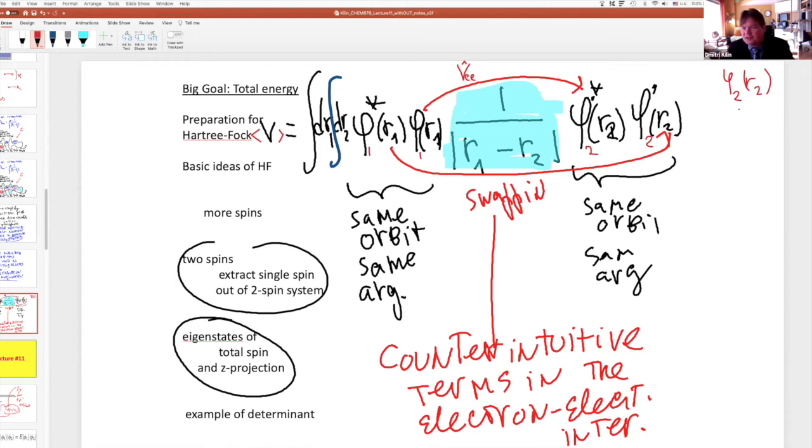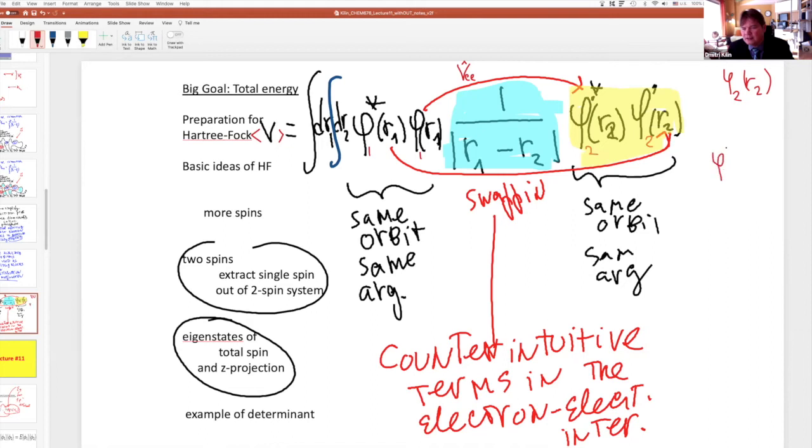Now, if you have a multiplication of phi 2 star phi 2, if I look at this object, how do I interpret it? What is it? Wave function absolute value squared.